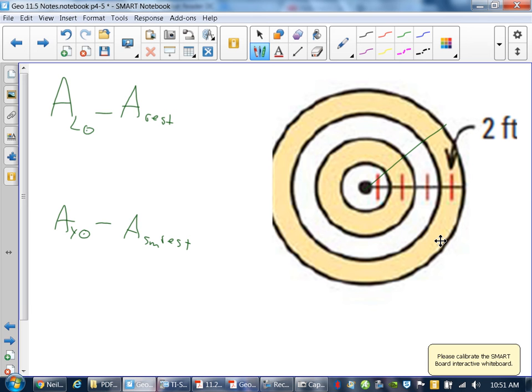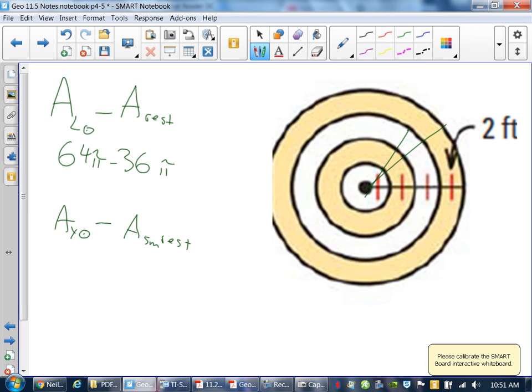So if my radius going out is 8, what's the area? 64 pi. Good. So if it's 64 pi for the entire circle, I need to subtract the inner circle, which has a radius of 6. 36, so I subtract out 36. Think of this as the donut hole problem. We had the big circle, subtract out the hole in the middle.